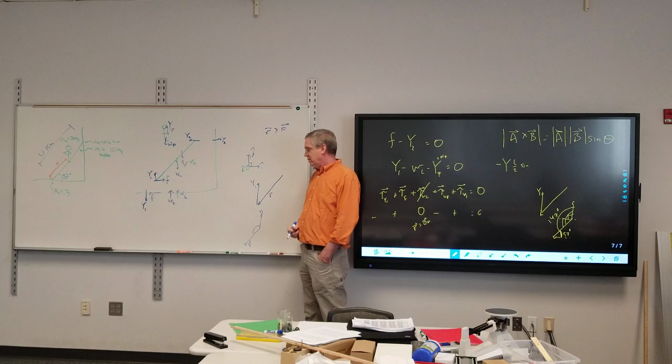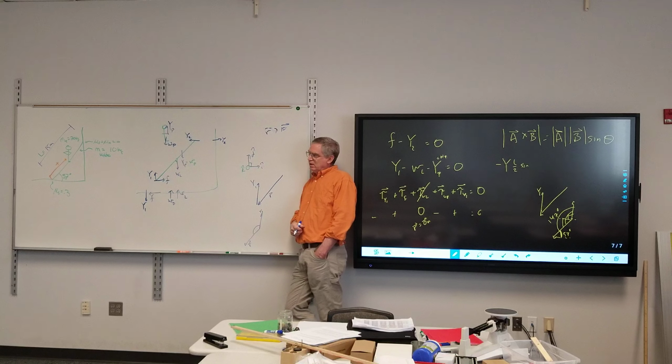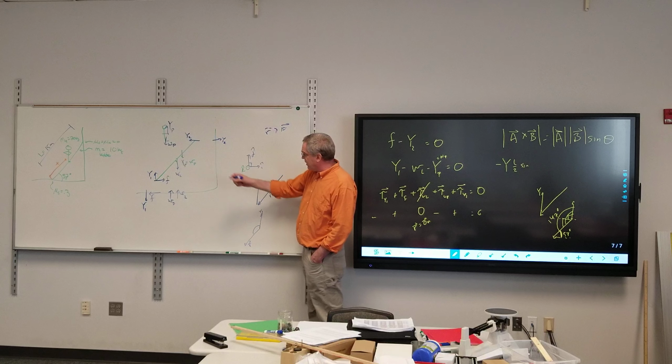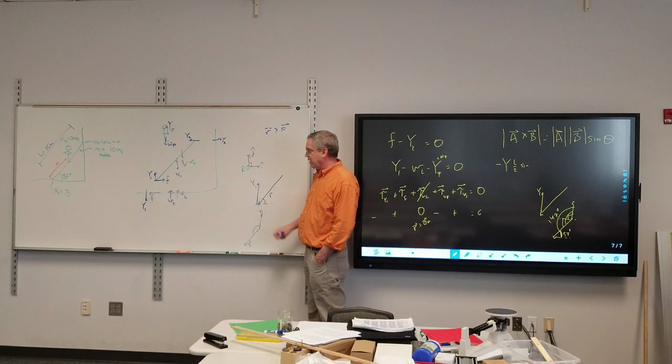I think the thing that's confusing me is that 147 plus 53 is like, no, the 147 is 53 plus 90. Okay. Because the one angle that I give you is that angle.